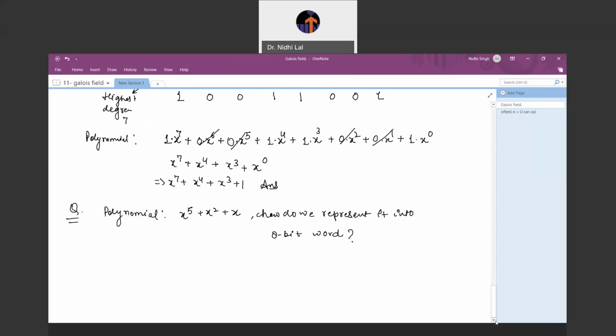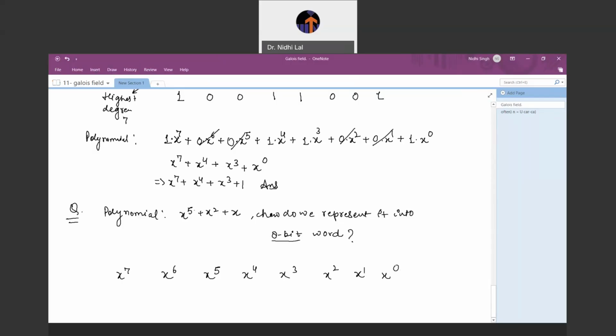Yes, Arvind, your answer is absolutely right. Because we are talking about an 8-bit word, my highest degree is 7. So just write x to the power 7, x to the power 6, x to the power 5, x to the power 4, x to the power 3, x to the power 2, x and x to the power 0.